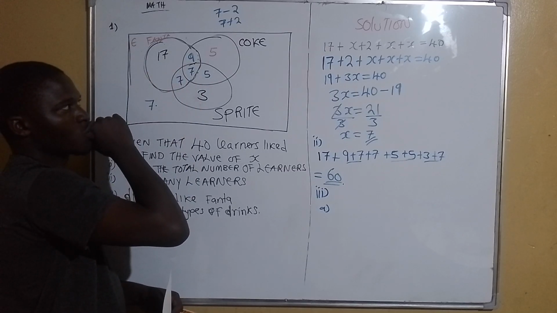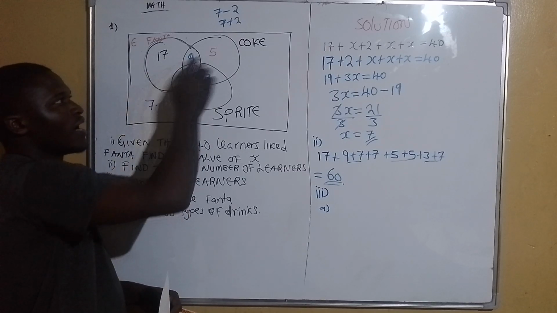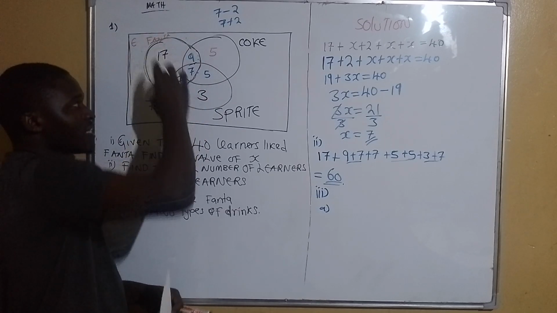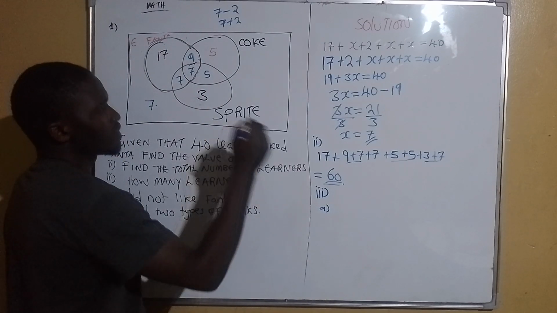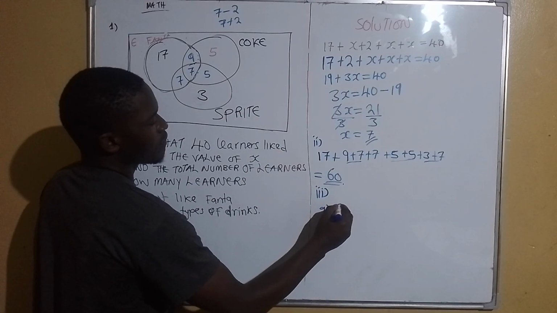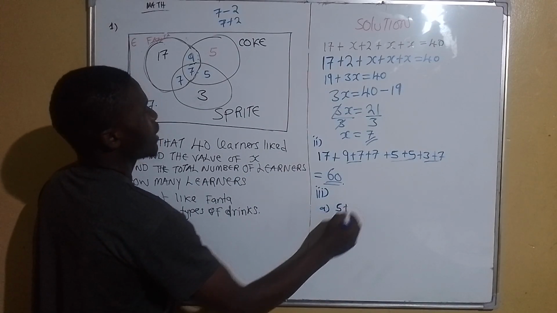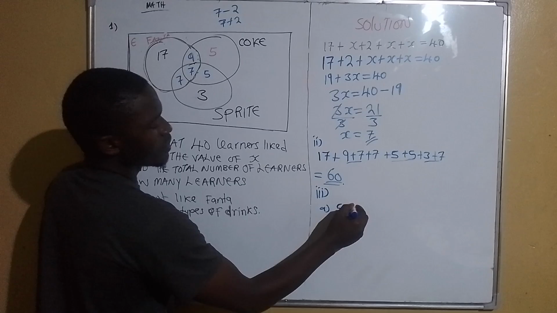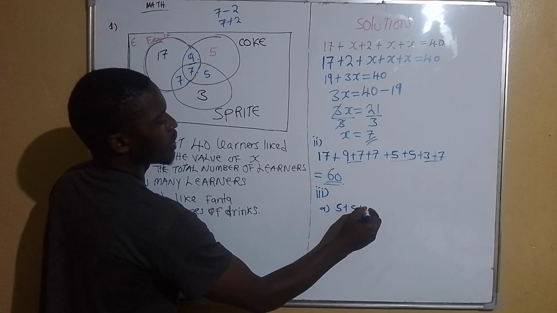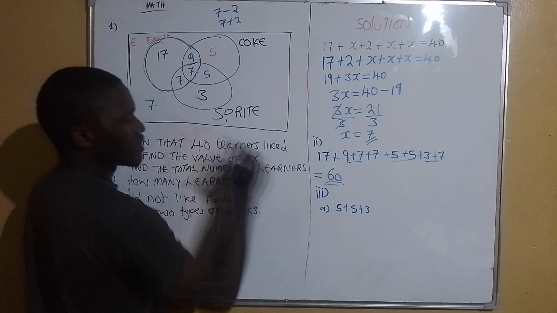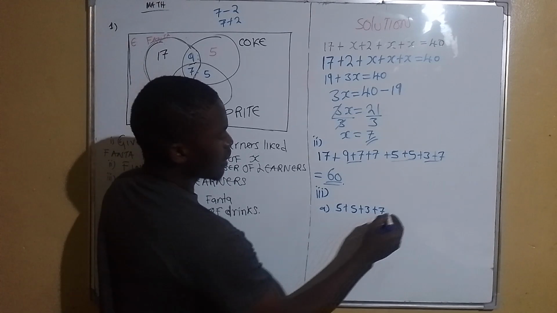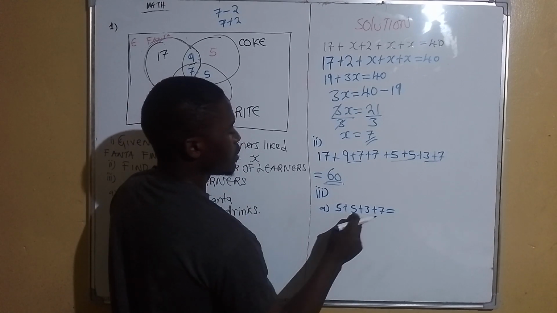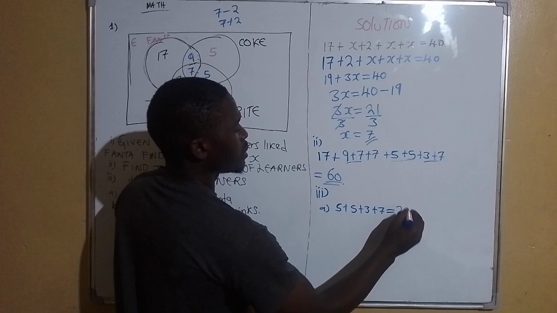And then outside the set for Fanta, we have numbers like 5, plus another 5 here, plus 3, plus 7. If you add, this is 10, this is 10, so 20.